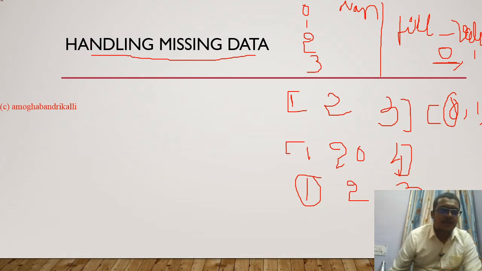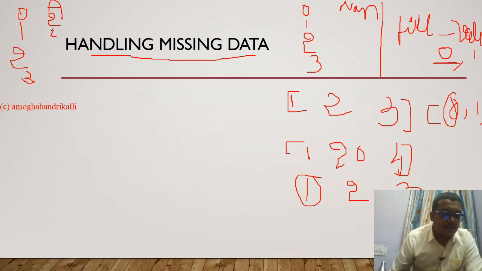So at positions 0, 1, 2, 3, from matrix A, the 0th value is 2, at position 1 the value is 4, and at position 2 the value is 6.